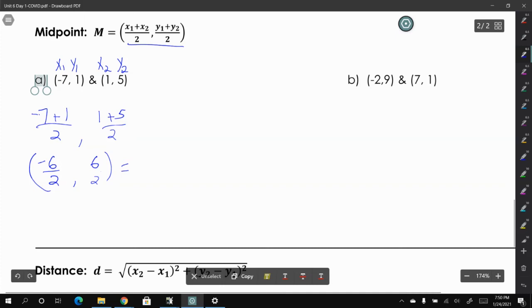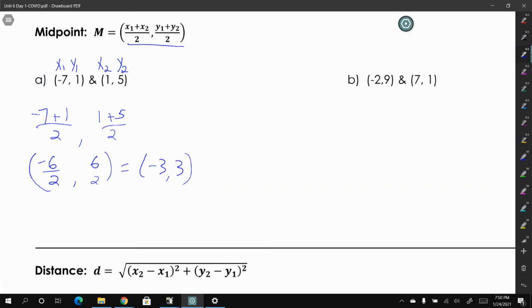So then that will simplify to -3, comma, 3. So that is your midpoint between these points.